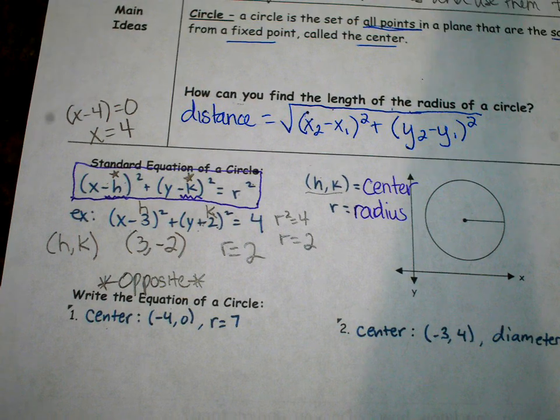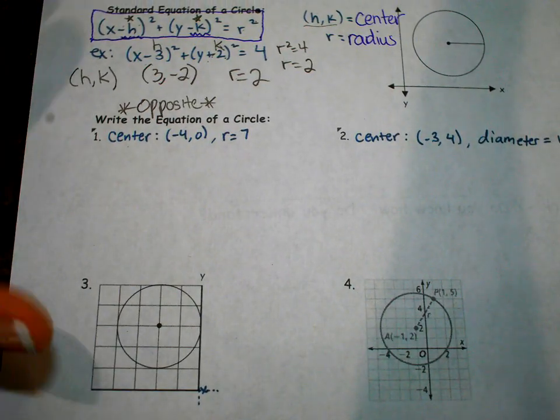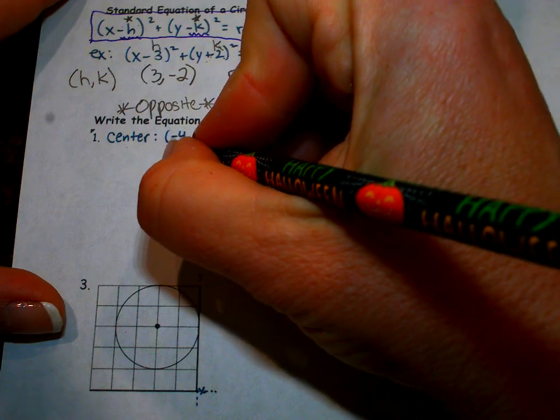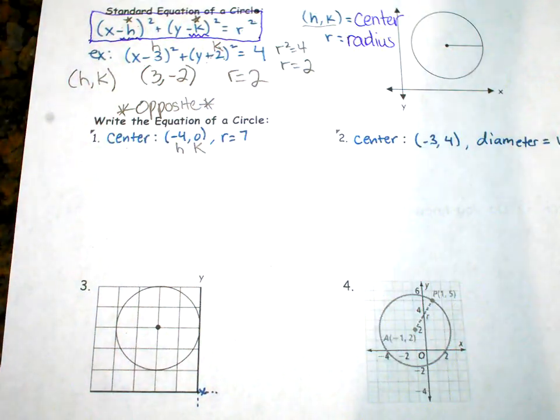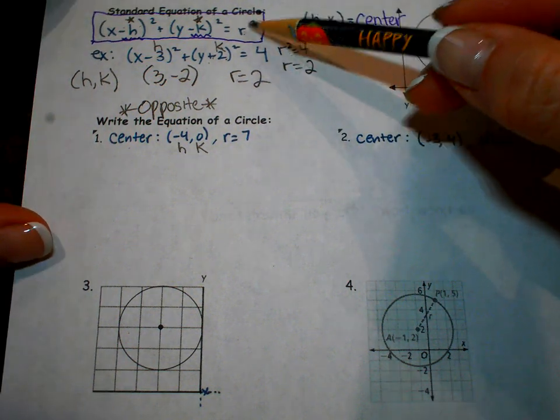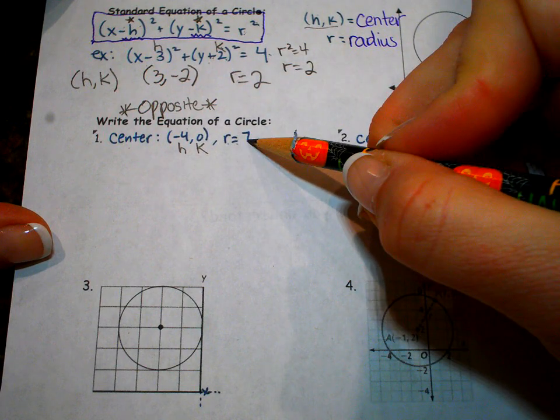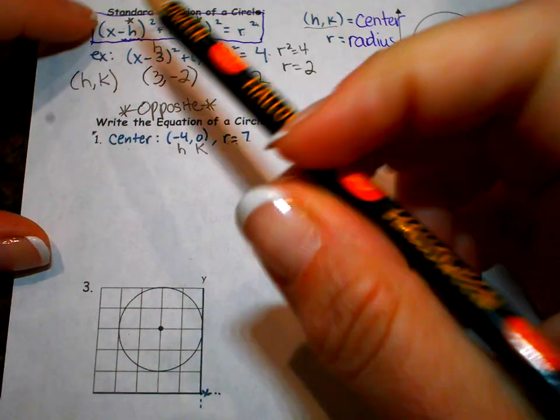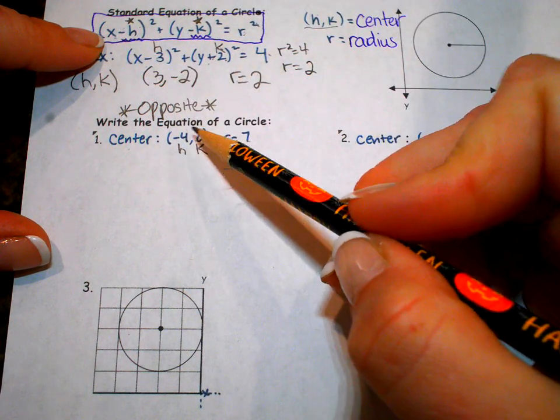All right, so let's go to example number 1. Remember, here's my h, here's my k. The radius is 7. So it's not in the formula, r squared up here equals 4, but now I'm told that just r is 7. So I'm going to have to do my formula. h and k are going to be the 4 and the 0.